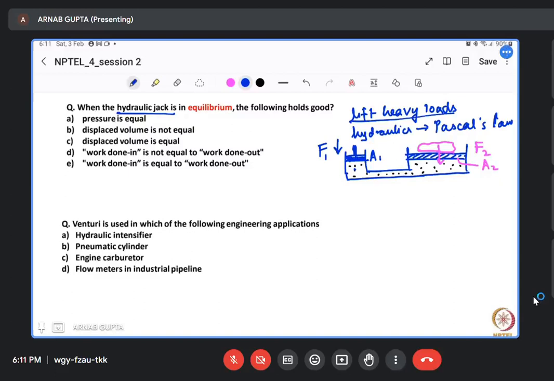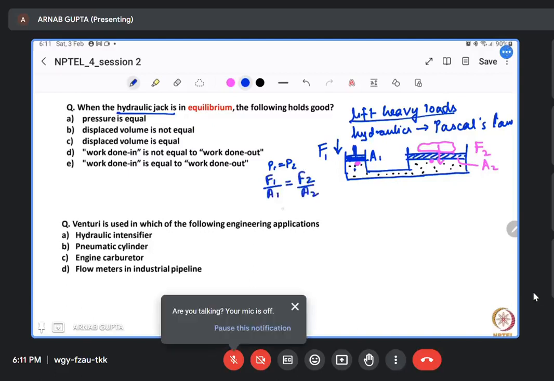Essentially, the pressure acting at this point will be transmitted undiminished to this point. So you will get P1 is equal to P2. Pressure is nothing but force by area, so F1 by A1 is equal to F2 by A2.